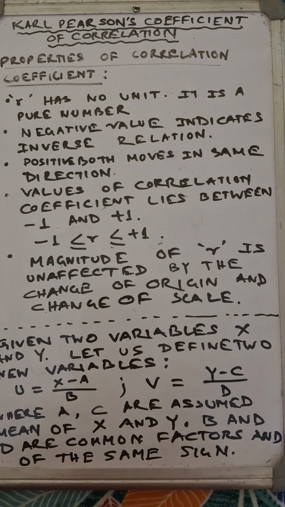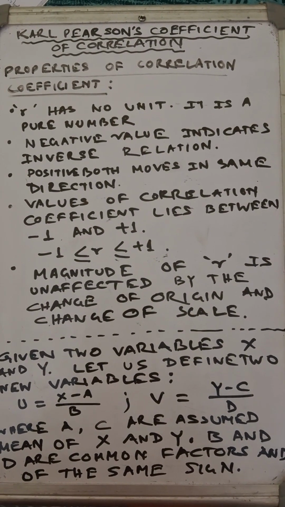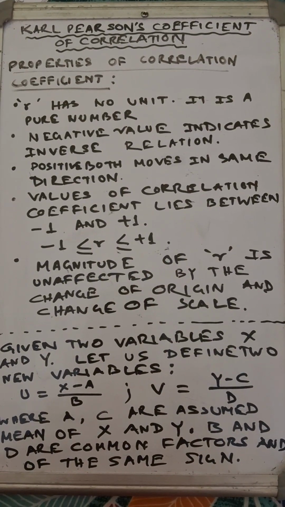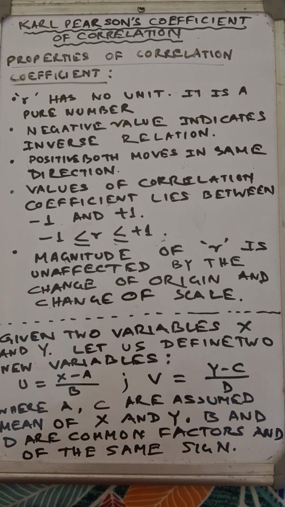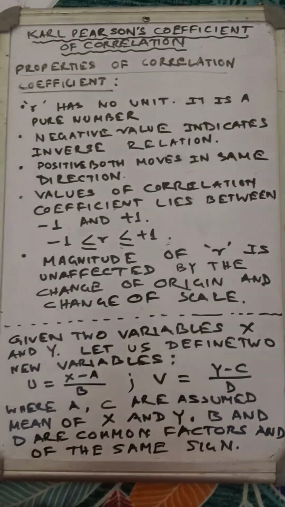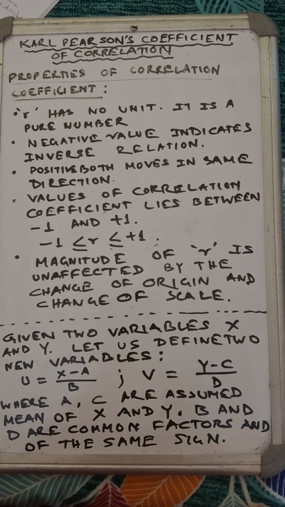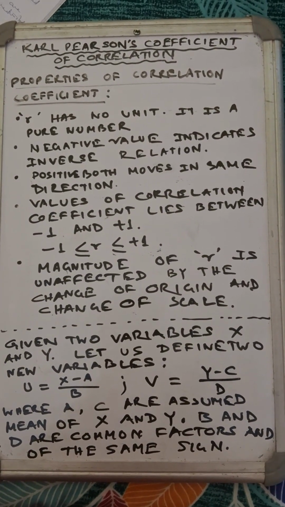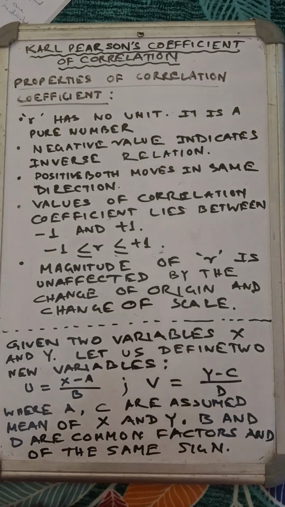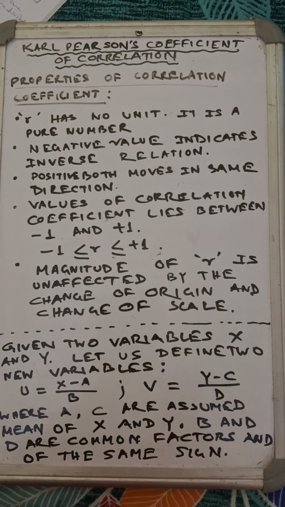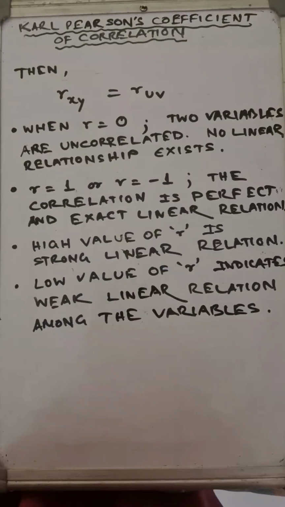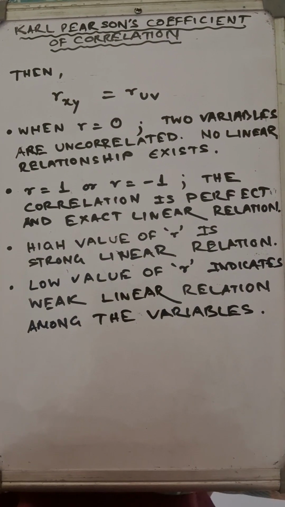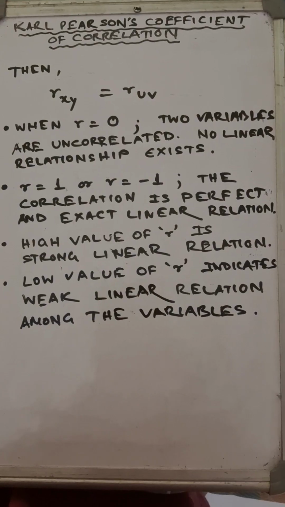So we have the variables x and y and two new variables u and v. Now we will understand that r xy is equal to r uv, that is, the correlation coefficient of xy is equal to the correlation coefficient of uv.